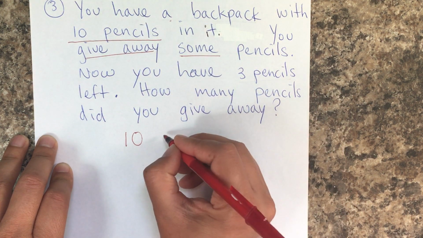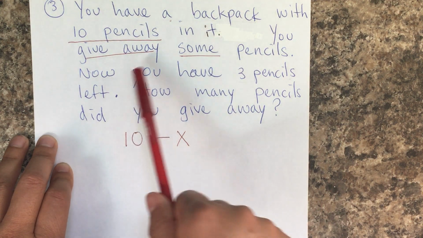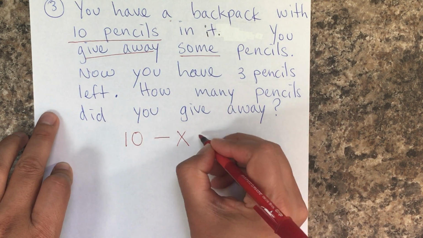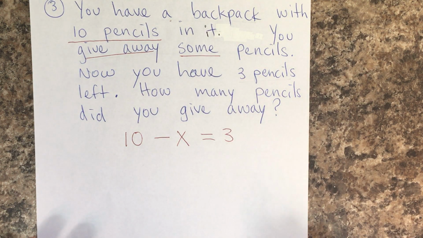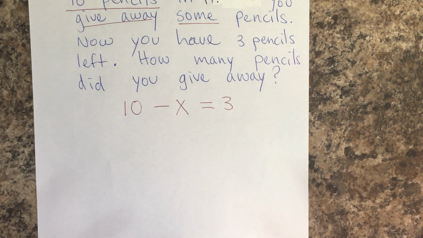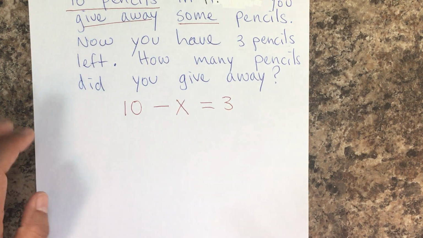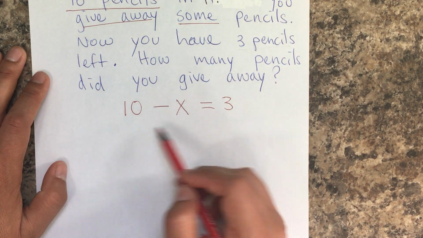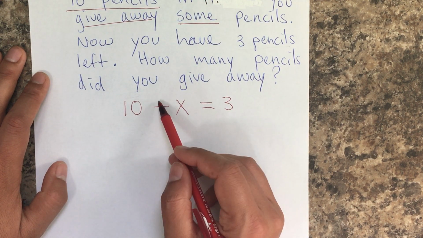We don't know how many, so we're going to subtract some of those. Now you have 3 pencils left. So after you do that, you have a total of 3 pencils left. So to begin with, we have a negative variable. We cannot have negative variables, but let's start getting rid of the other information to know the value of X.